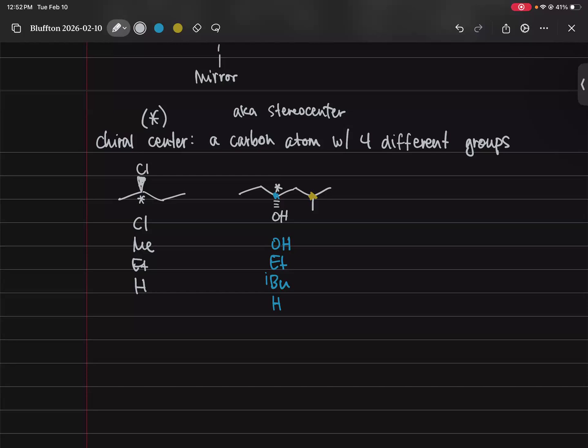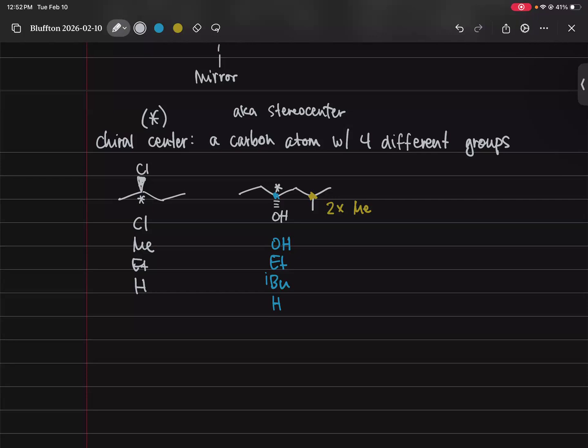It's got a hydrogen that we can't see. And then it's got 2 methyl groups. So those 2 methyl groups are identical, and that precludes it from being a chiral center. So 2 of the same thing makes it not chiral.